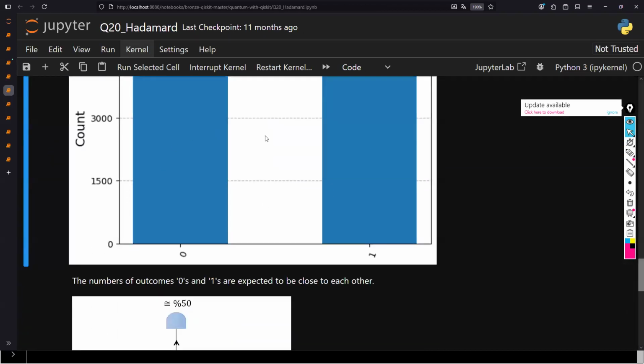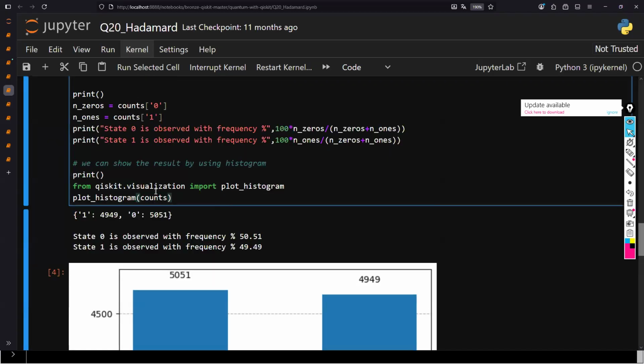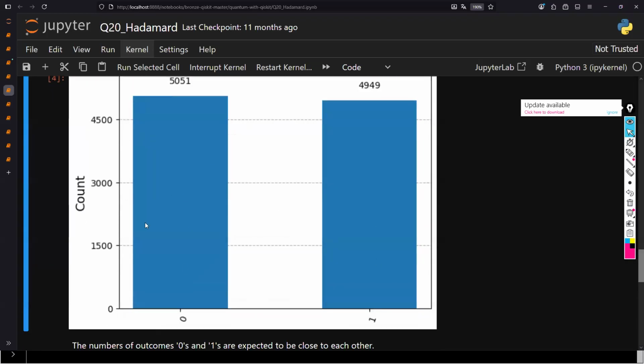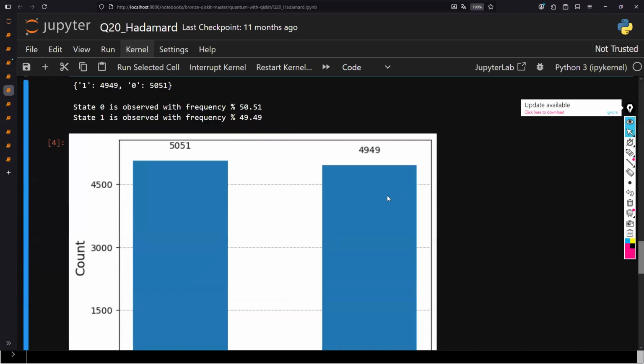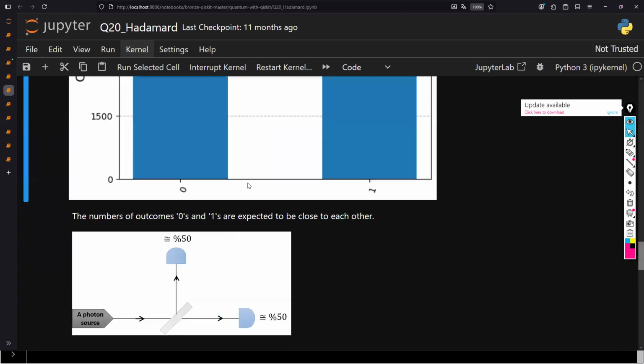So this is yet another thing that I have told you that you could do with Qiskit. If you import a histogram plot from their visualization package, you could display your observables as a frequency plot, just like that, in a bar chart.